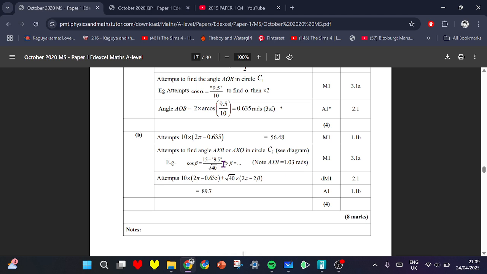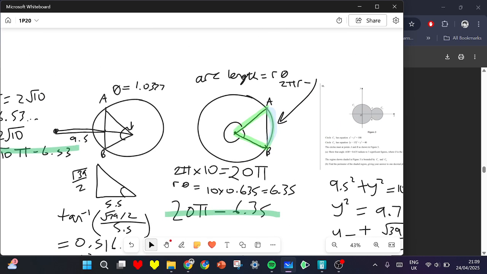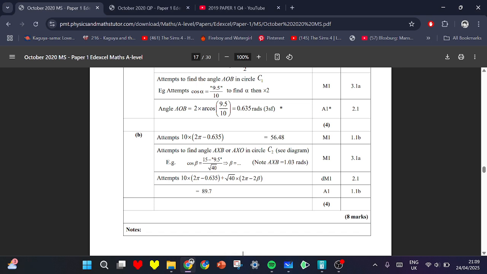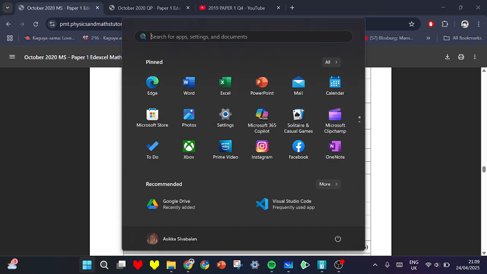And in this one, they did the way where you find this angle by doing 360, so 2 pi, minus the angle that we found in part A, and then finding that arc length without subtracting it. But we still got the same answer, so I think it's fine.